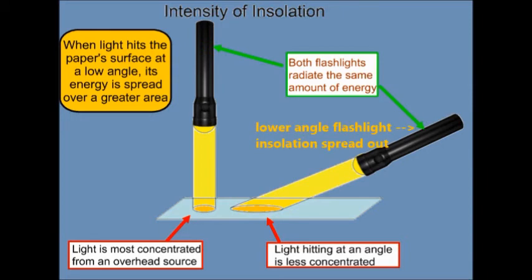At a lower angle, the energy is spread over a greater area, and you can see that larger disk from the flashlight on the right on the paper. The light hitting at an angle is less concentrated, so every part of the paper that's struck by the low angle flashlight receives less energy.